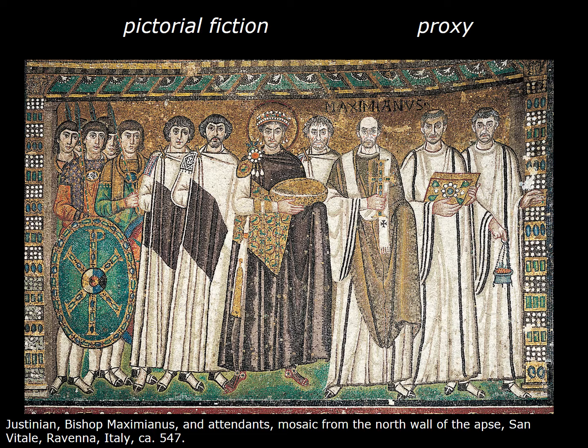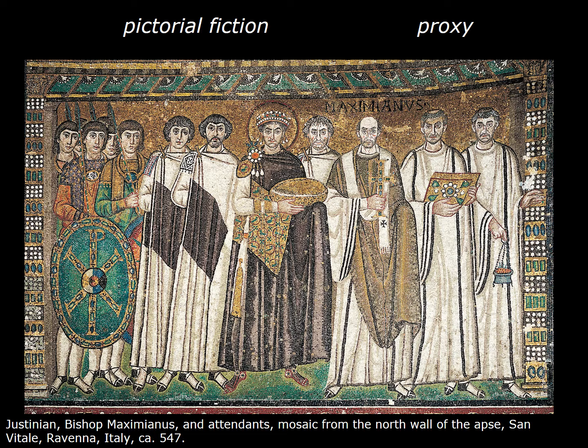What we call that is pictorial fiction, right? It's not true, but the image creates it. So it's kind of like writing a story, making it up. So the image allows us to think that Justinian has visited the church, or moreover, that he is present in the church. Okay. Now this is important.